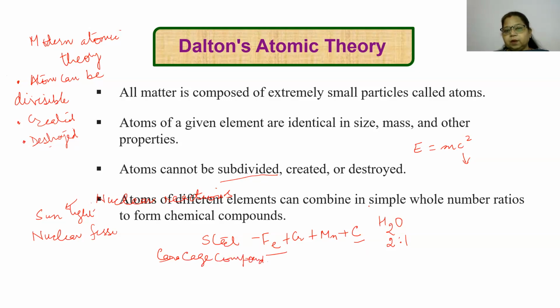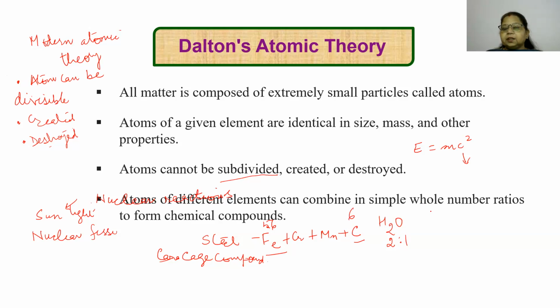What is a cage compound? We should be studying about them in detail in class 12th, in the chapter named d and f block elements. A cage compound means you must have seen a bird inside a cage, right? Iron has atomic number 26 and carbon is simply 6.